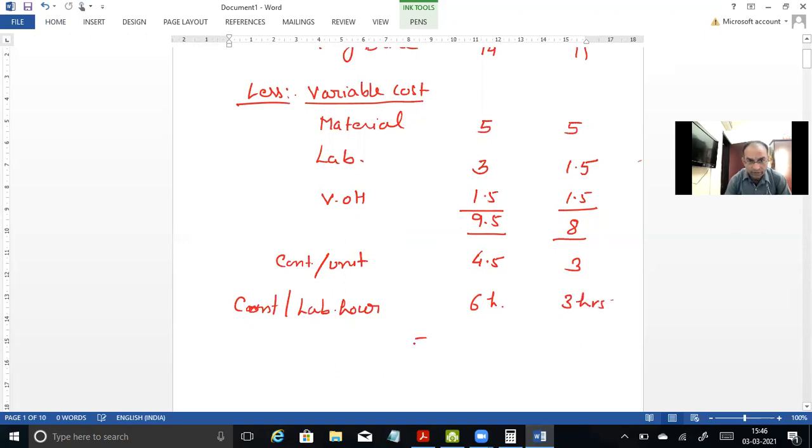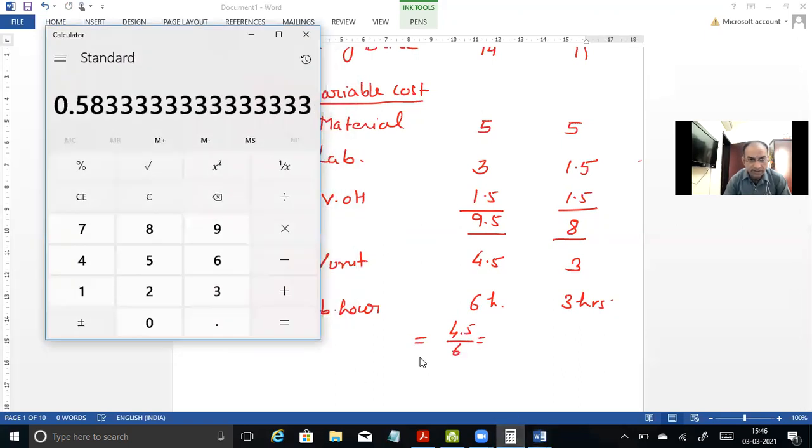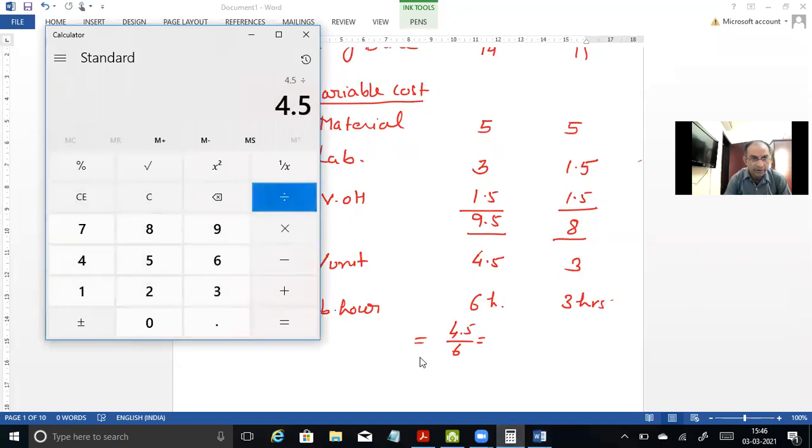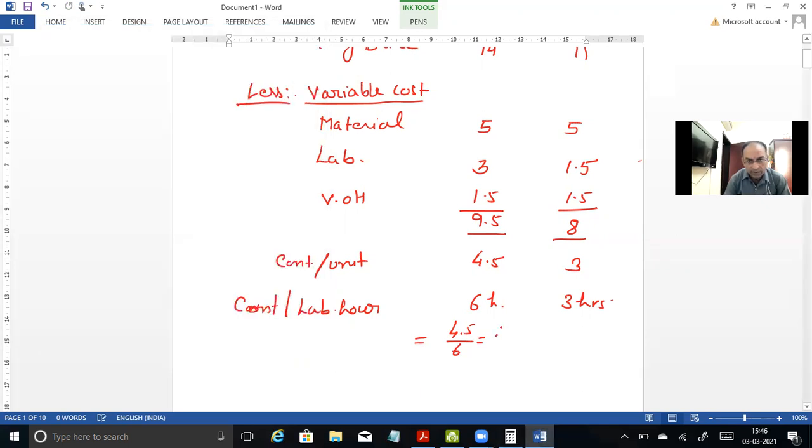So per unit it will come 4.5 divided by 6. How much it comes? Let us check. 4.5 divided by 6. It comes 0.75. And here it comes 3 divided by 3. It comes 1 rupee.